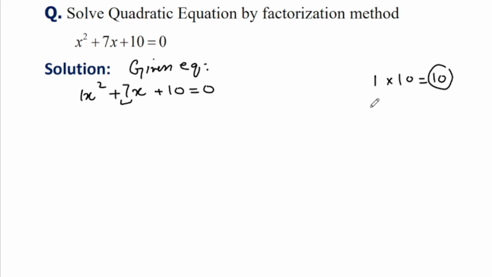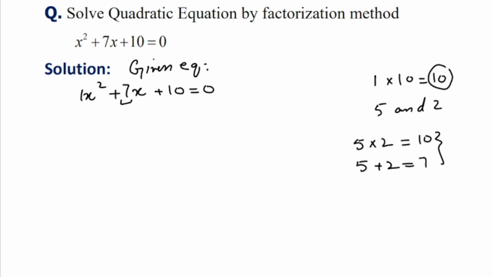So the two numbers satisfying both conditions are 5 and 2. The product of 5 and 2 is 10 and the sum of 5 and 2 is 7. Both conditions are satisfied by these two numbers 5 and 2.